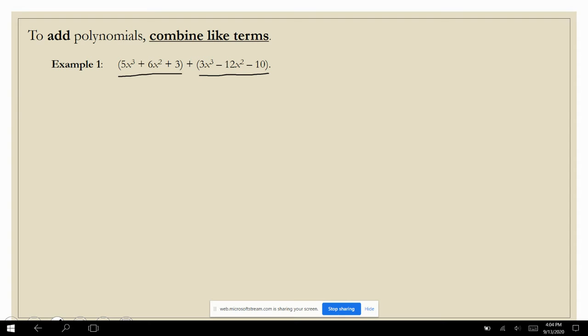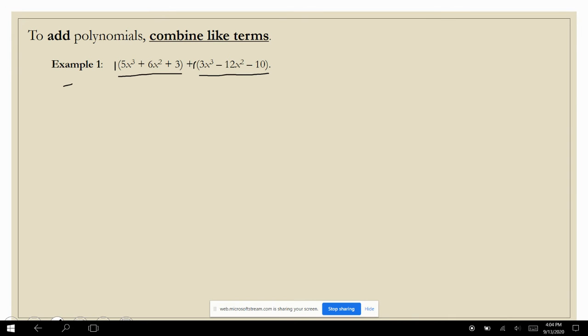Now, when you see these, I don't want you to get thrown off by the parentheses. Okay? Remember, in front of each set of parentheses, if there's not a number, all there is is this imaginary 1. So when we're adding polynomials, we need to distribute the 1, which is the same as just dropping the parentheses.